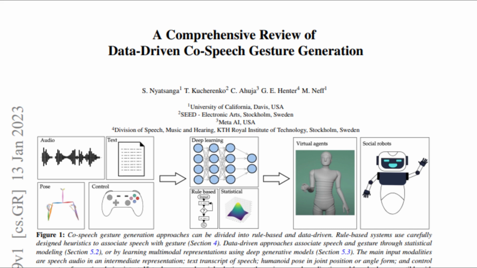Unfortunately, only a small fraction of datasets contain high-quality finger motion, which is of great importance for generating expressive and meaningful gestures. There are two main methods for obtaining motion data for gesture synthesis: optical motion capture and pose estimation.